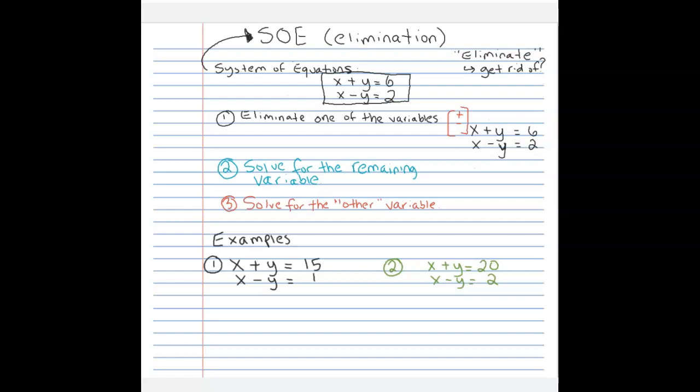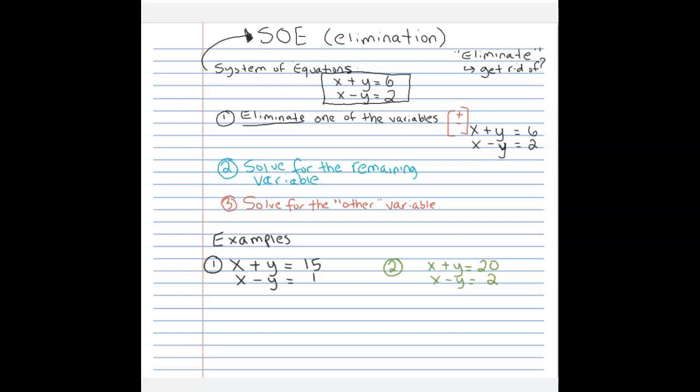So when we're doing a system of equations like this, our first step is we're going to eliminate one of the variables, which means we're going to get rid of either x or y.